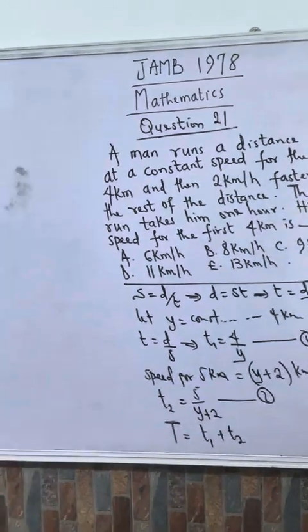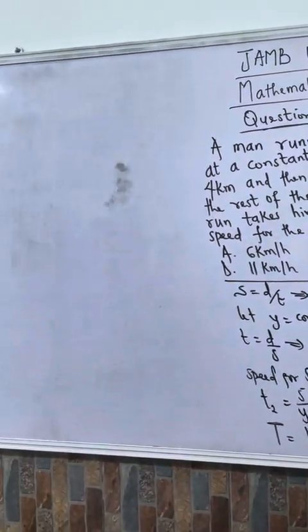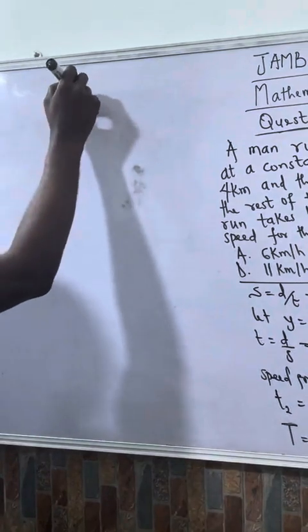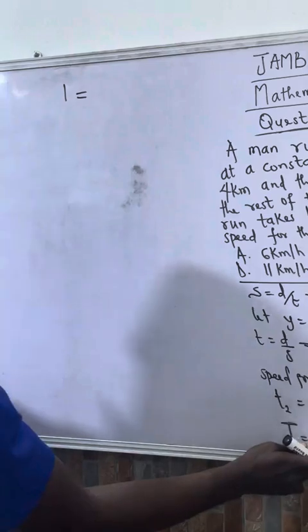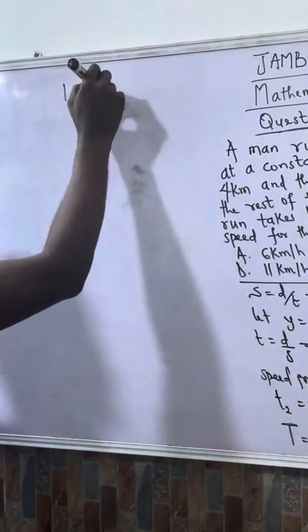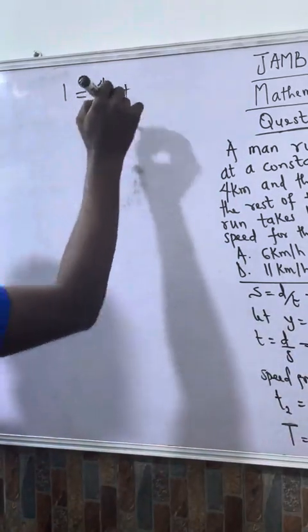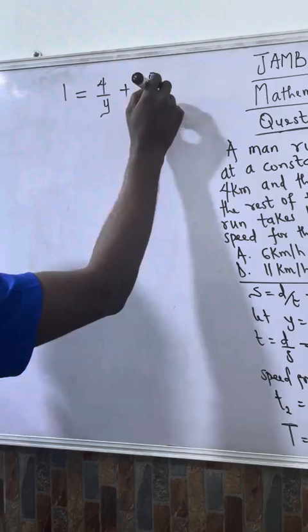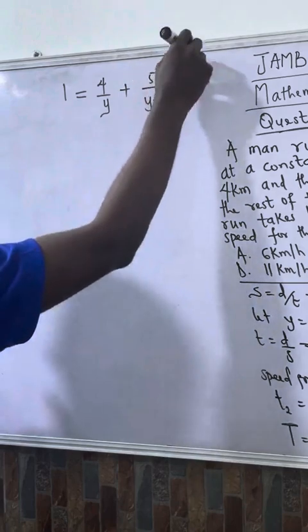So let's continue from here. Now, capital T is 1 hour, and that is equal to T1, which is 4 over y, plus T2, which is 5 over y plus 2.